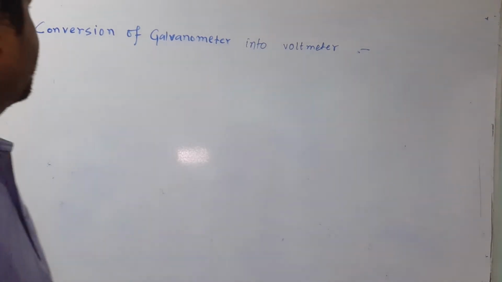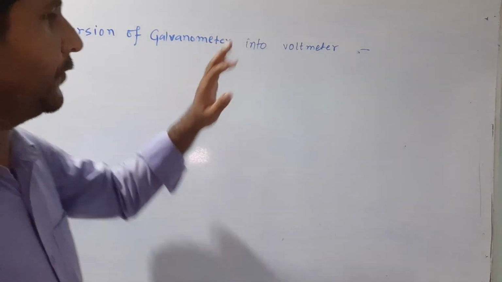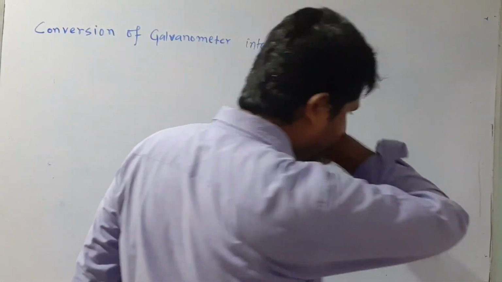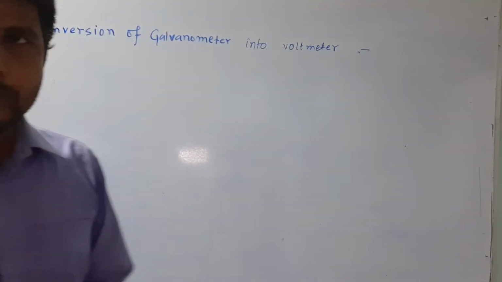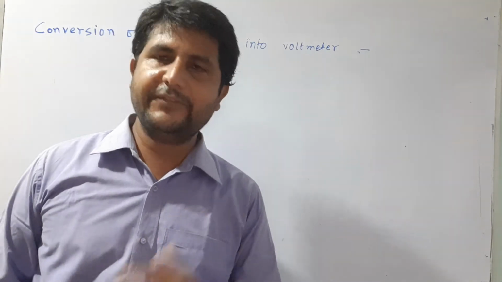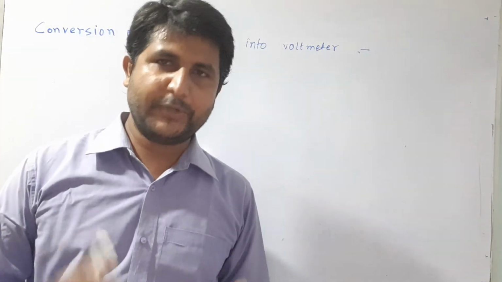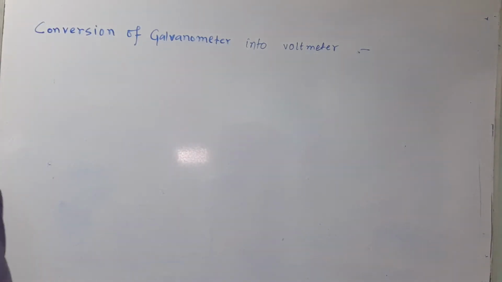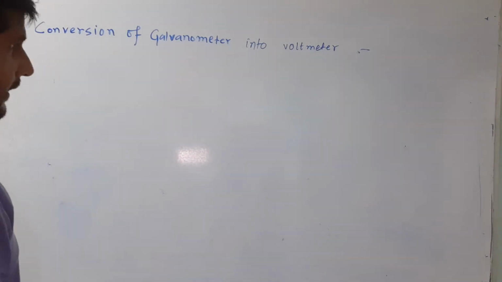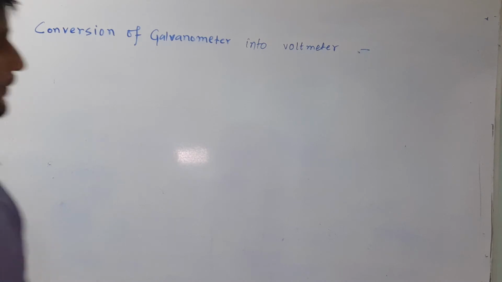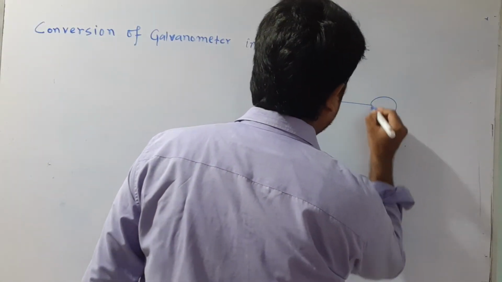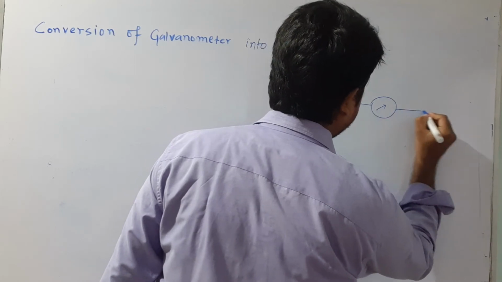Now, conversion of a galvanometer into a voltmeter. How to convert a galvanometer into a voltmeter? First, what is a voltmeter? A voltmeter is a device which is used to measure potential difference across two ends. So this is a galvanometer.